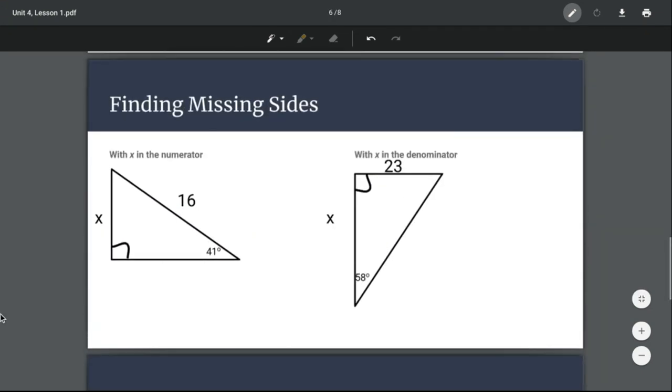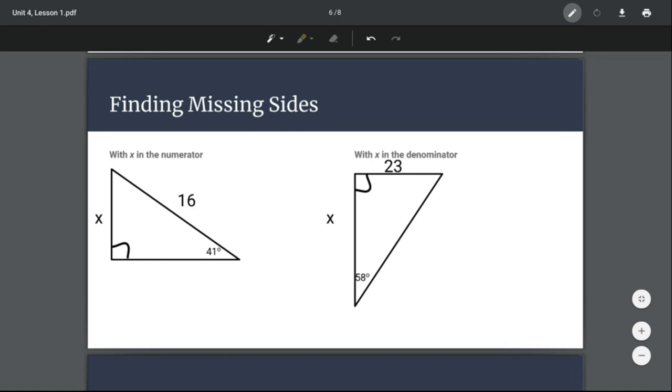Alright, finding the missing sides. Well, that's what you'll have to do. When you're wanting to do that, there are different things that you do if x is in the numerator or denominator when you set it up. So we have to find out what you're going to be finding.